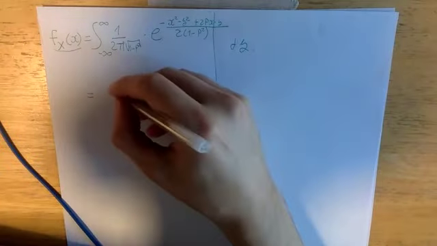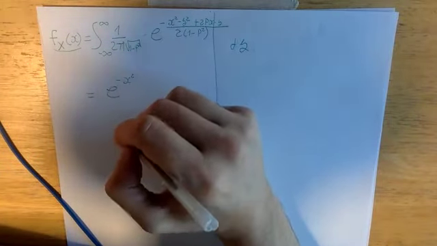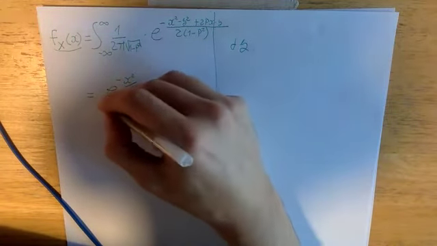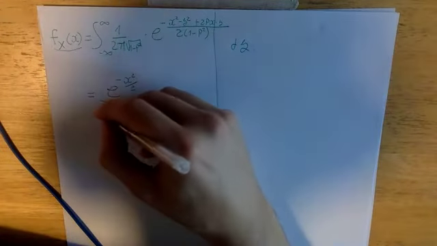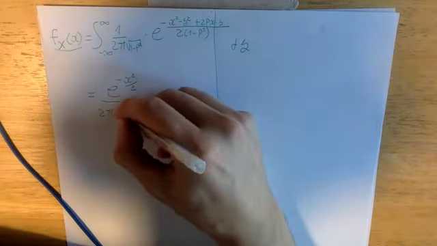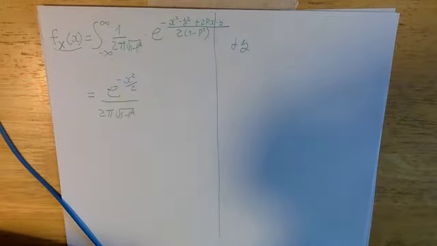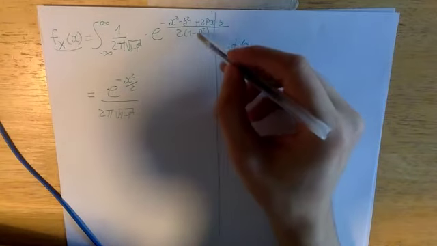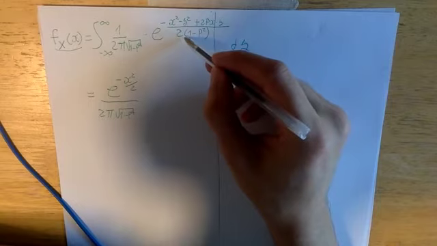So what I would like to take out is e to the minus x squared over 2, divided by 2 pi square root of 1 minus p squared. But now if I take e to the minus x squared over 2 outside, I need to add the piece that is missing here.